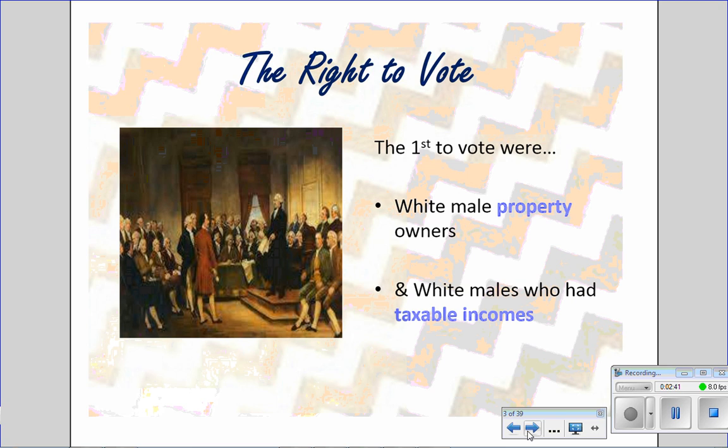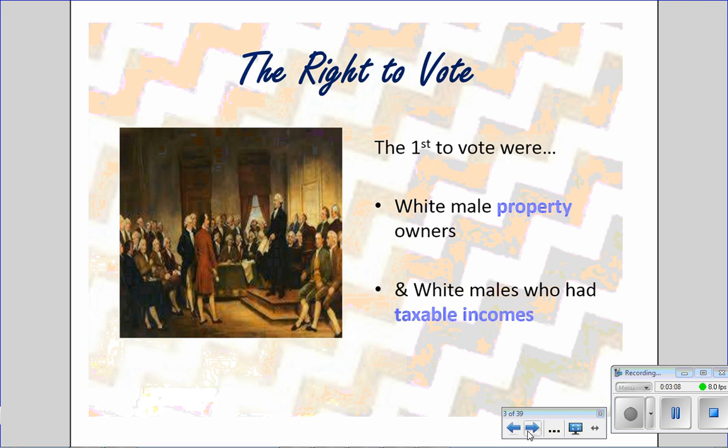Finally, in 1790, free white immigrants became eligible to vote. There was actually a law passed in 1790 that said if you were white, then you could go through the naturalization process to become a citizen. That excluded Native Americans, Asian Americans, African Americans, anybody that wasn't white.